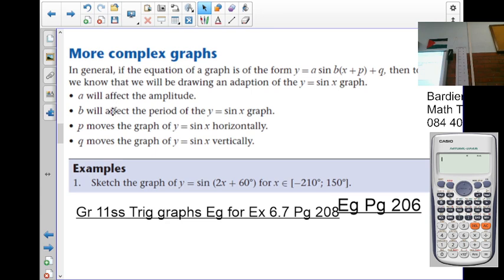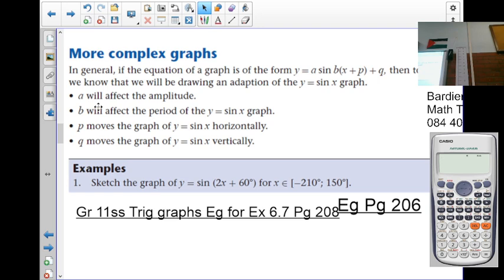So here we are told that in general, if the equation of the graph is of the form y is equal to a sine b open brackets x plus p close brackets plus q, then we will be drawing an adaptation of the y is equal to sine x graph.